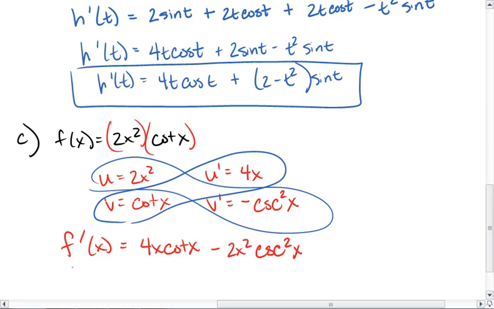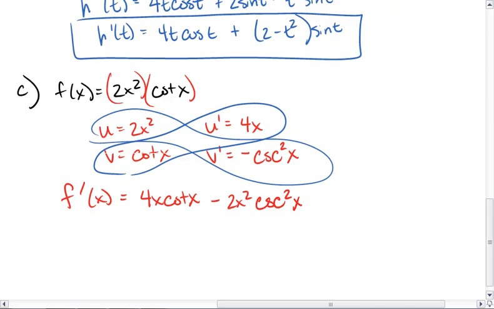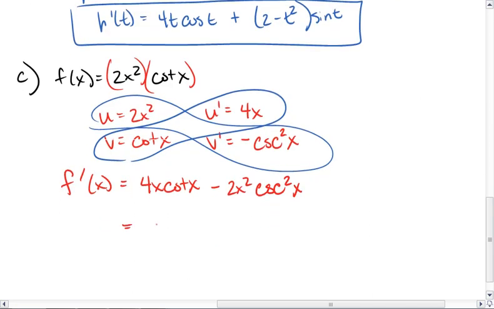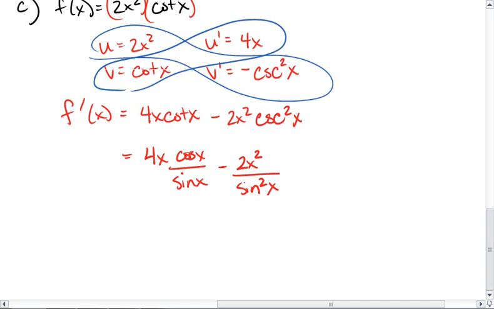And then, if you want to, you can realize that cotangent is cosine x over sine x, and cosecant is 1 over sine.